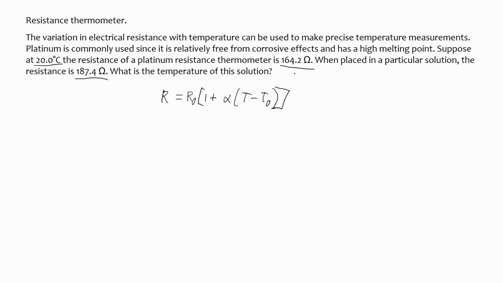So now we just plug in some numbers. The final resistance was 187.4, the initial resistance 164.2, 1 plus alpha, you have to look it up on the table, but I wrote it down earlier, so here we go. This is alpha for platinum. The final temperature is what we're going to find, and we've got negative 20 degrees Celsius.